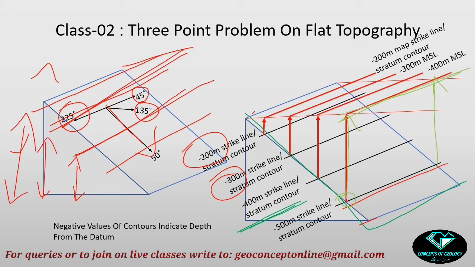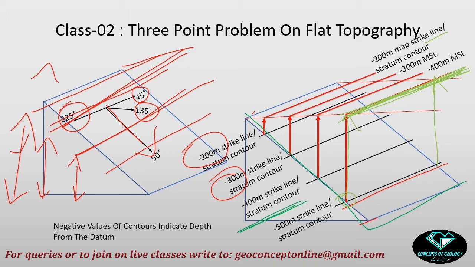Okay, so now this is the 500 meter strike line and this is in a projected mode. That means it is on the map. So it will be called a map strike line. Okay, because this is a strike line and drawn on a map. What will be the value of the strike line? Minus 500.